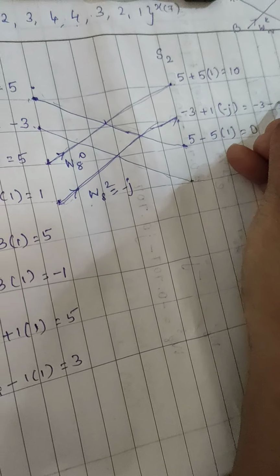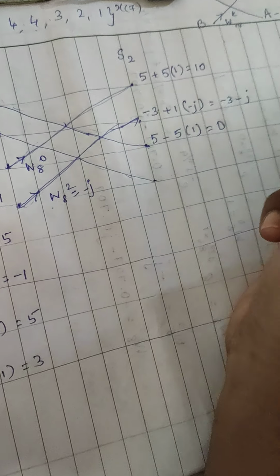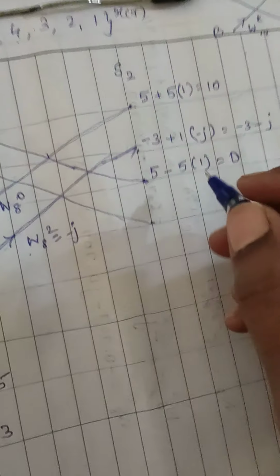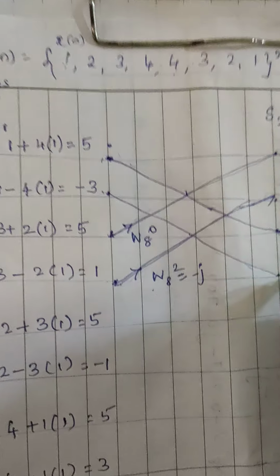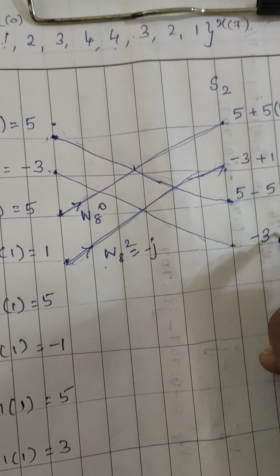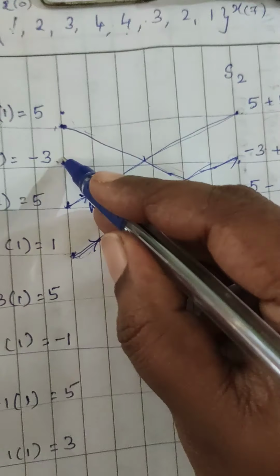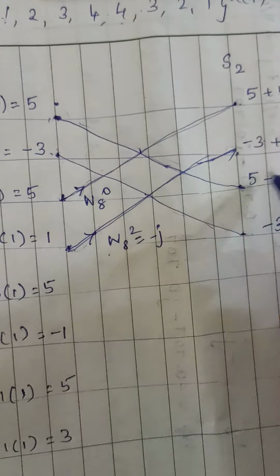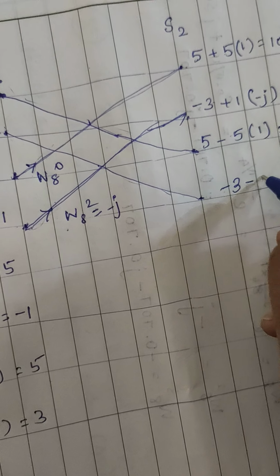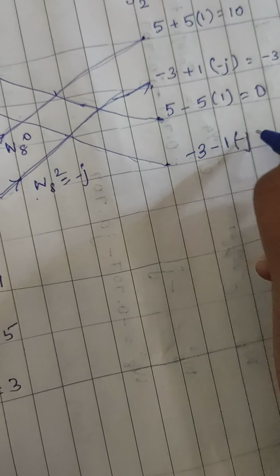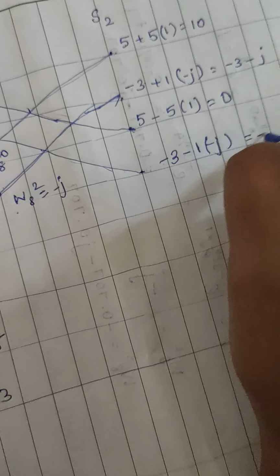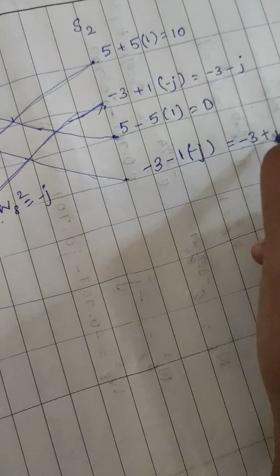Minus 3 minus j is the answer for this one. Similarly, we take the same butterfly: A minus B, so it is minus 4 into the twiddle factor minus j, so it will be minus 3 plus j.